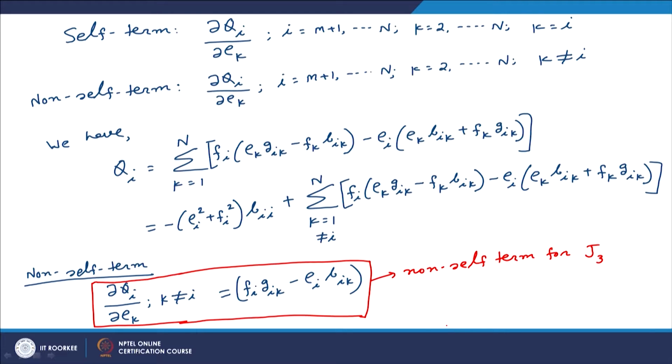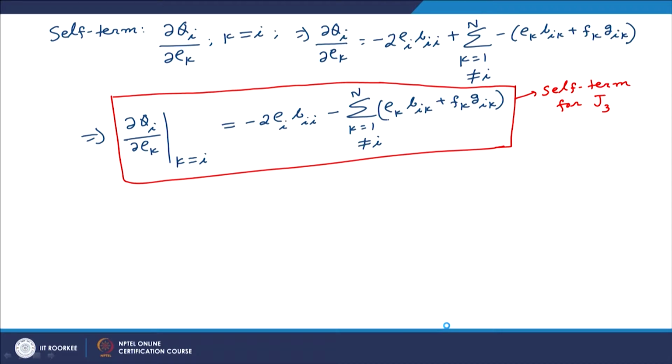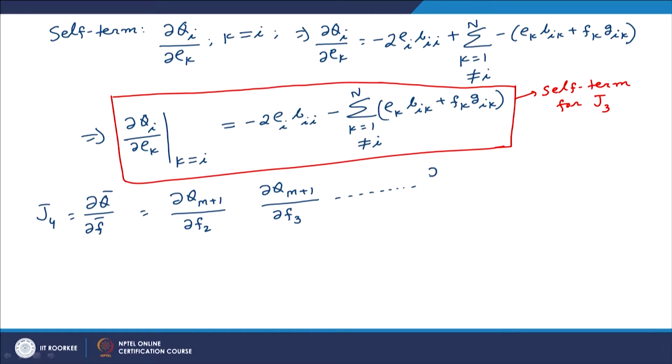So, now only one Jacobian submatrix is left, J4. So, let us do that. J4 is equal to del Q by del F. So, it would be again del Q m plus 1 by del F2, del Q m plus 1 by del F3 dot dot dot del Q m plus 1 by del Fn.